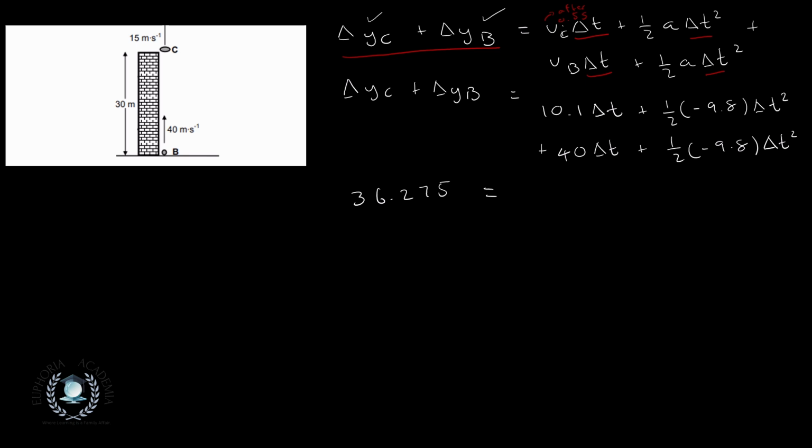Because our disk C is moving from the top of the building and then is shooting up, it's going to come to a point where it reaches the max height, and then it will have to come down. Now at this point, this V is actually going to be pointing downwards, thus making it negative.